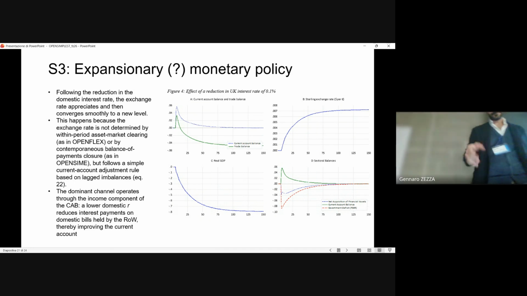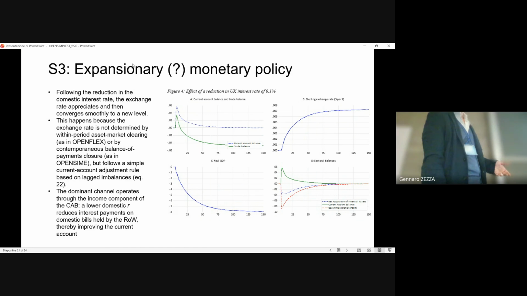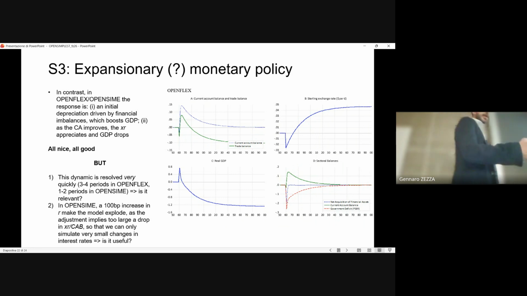This creates a surplus in the current account, and then the adjustment. Whereas in the Godley and Lavoie model and in the model from Carnevali, you had this initial depreciation followed by an appreciation later on.